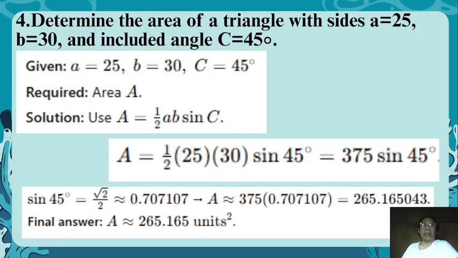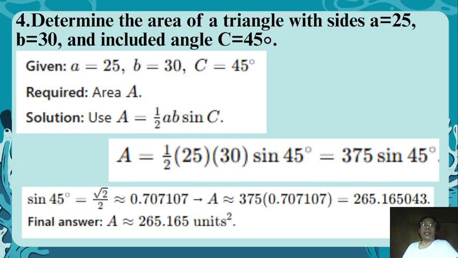Practice problem number 4. Determine the area of a triangle with side a equal to 25, side b equal to 30, and included angle C is equal to 45 degrees. So we're given side a, 25, side b, 30, angle C, 45 degrees.